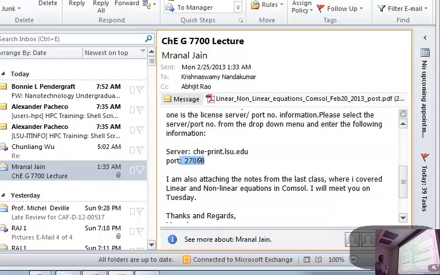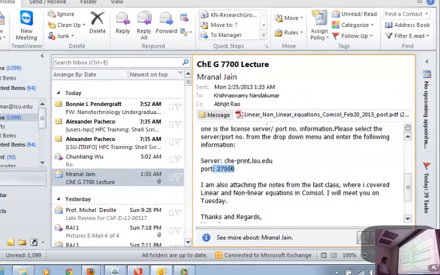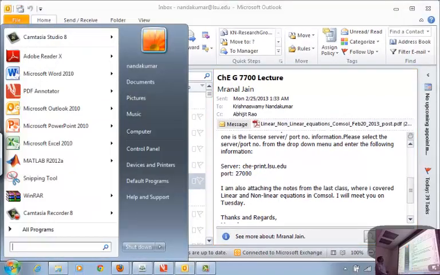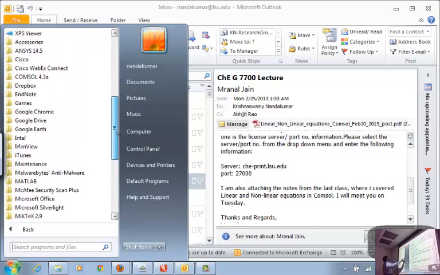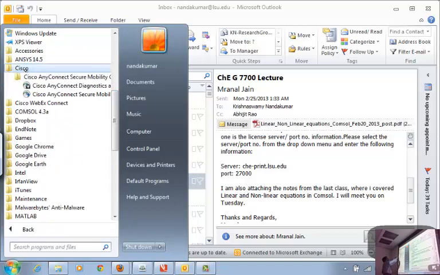If you are off campus, in addition to that, you need something called a virtual private network, and that will be, I think it's called Cisco AnyConnect. Okay, so you should be able to download that software from Tiger Bytes and install it on your PC.